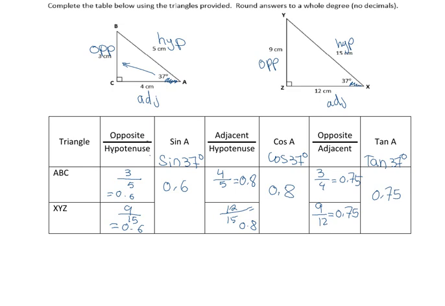That answer matches the answer when I do the opposite over the hypotenuse. So that means sine A is equal to the opposite over the hypotenuse in a right angle triangle.